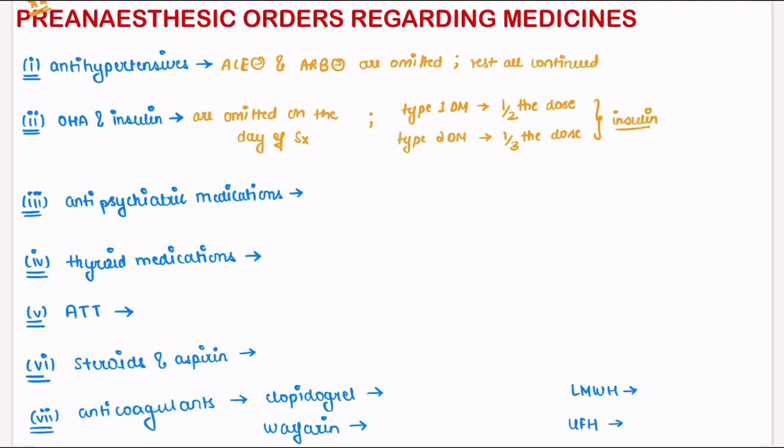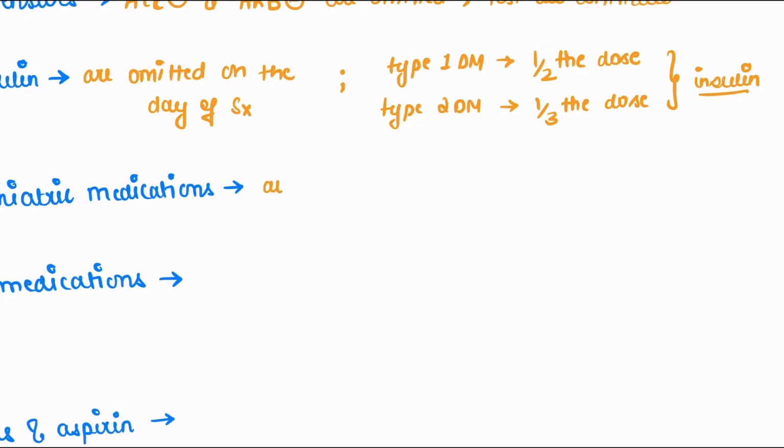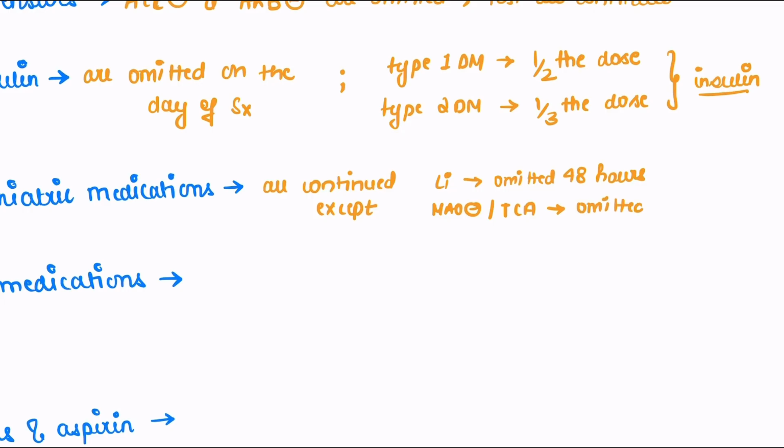For antipsychotic medications, all are continued except lithium, which is omitted 48 hours prior to the surgery, and MAO inhibitors or tricyclic antidepressants are omitted 3 weeks before the surgery.